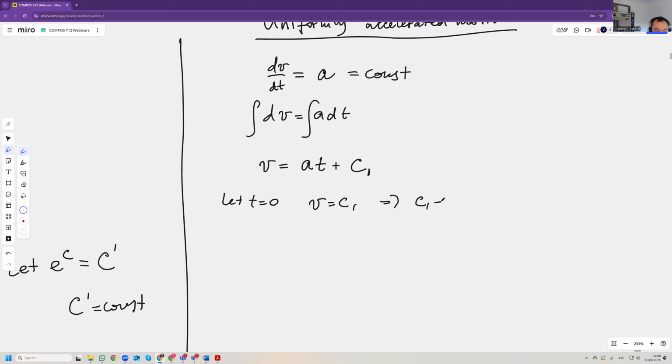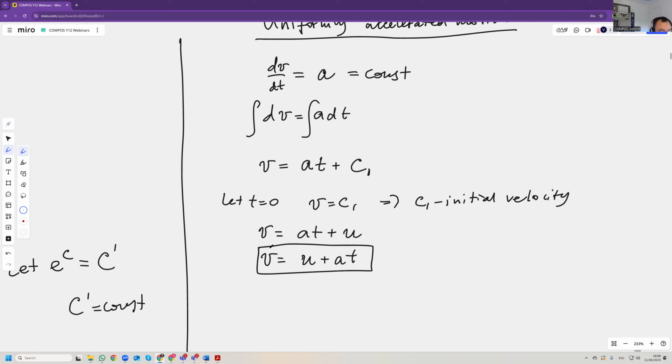Therefore, c1 is the initial velocity, u. So we have v equals u plus at, a very familiar equation. This is a differential equation, and this is the solution.